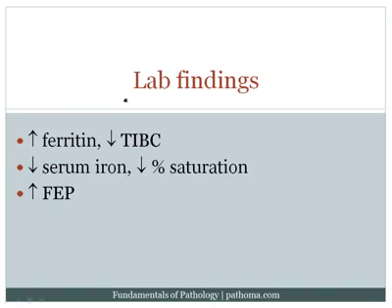Now what are the lab findings going to be? Well, the lab findings are going to be based on our understanding of what is driving this disease process. So for example, first of all, you're well aware of the fact that in anemia of chronic disease, there is going to be an inability to use storage iron. So if the storage iron cannot be used, it's going to pile up.